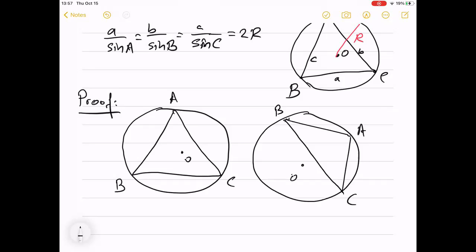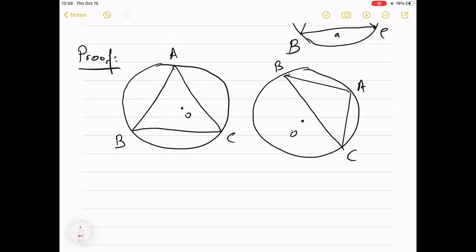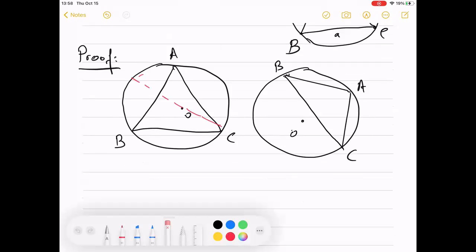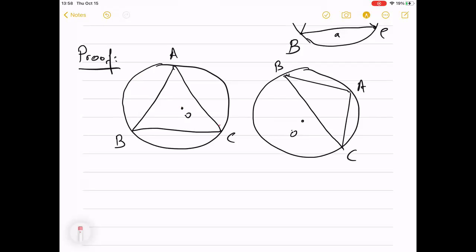Now we use a different color. Let's draw the diameter that passes from C. Something like this, and here also something like that.